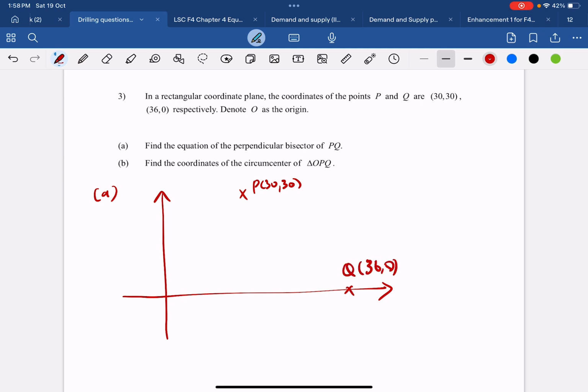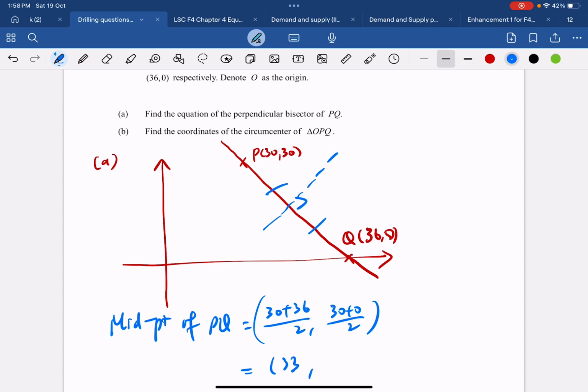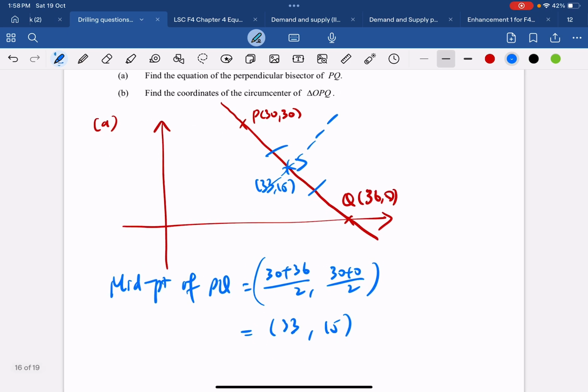Then find the perpendicular bisector of PQ, which is, again, the blue line. Because of this term, bisect, you need to find the midpoint of PQ first, which would be 33 and 15.